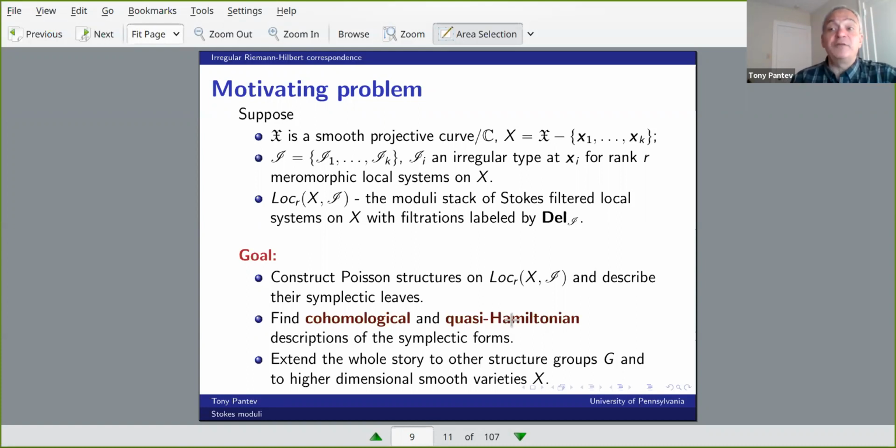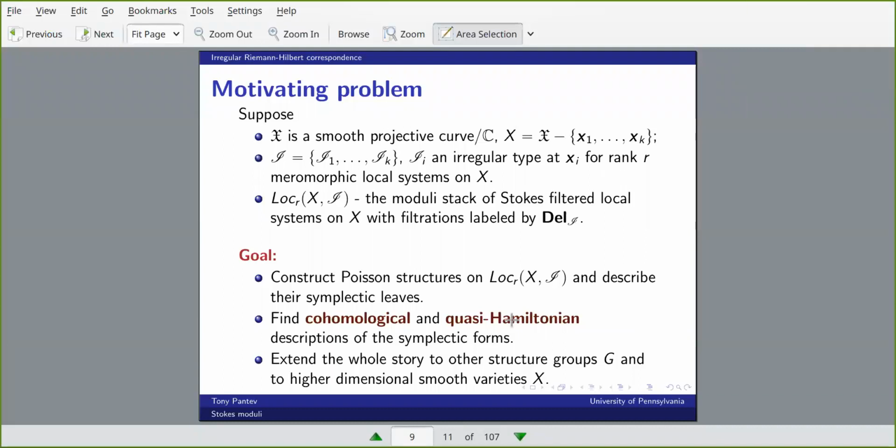So when you don't have ramification, it boils down to Poincaré duality with local system coefficients. And when you have tame ramification, it boils down to Lefschetz duality with local system coefficients. And in this setting, it wasn't known. And of course, you'll see, there is only one thing it can go down to. It boils down to Verdier duality.